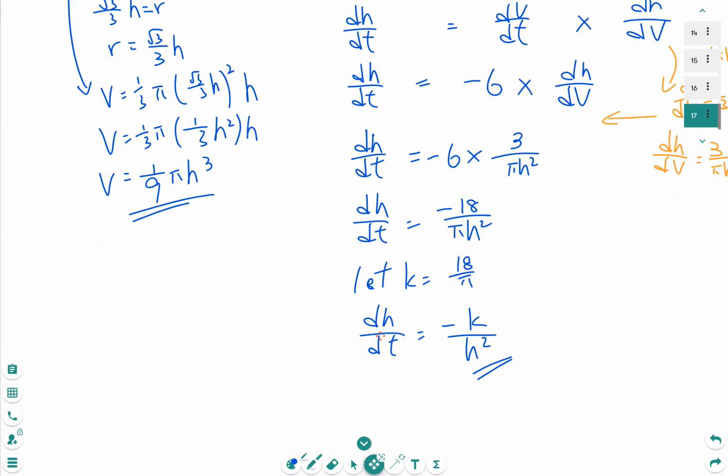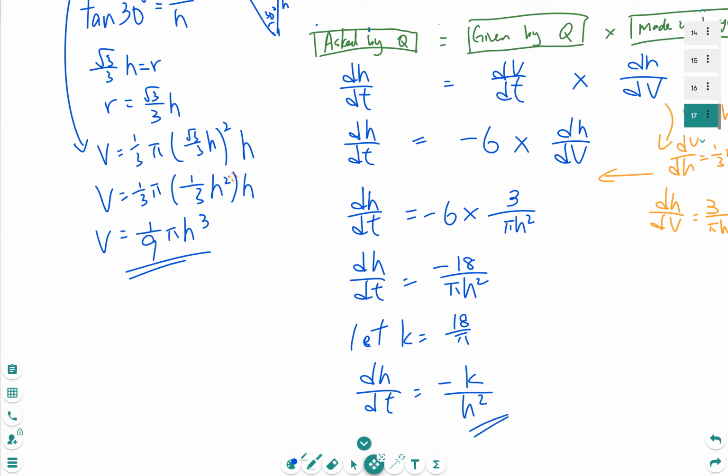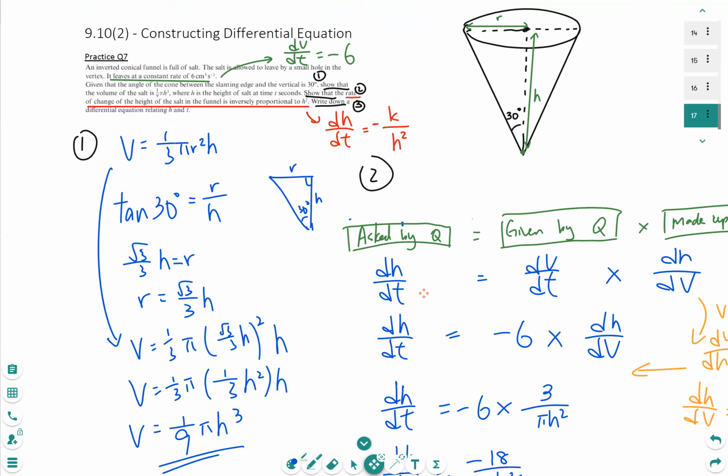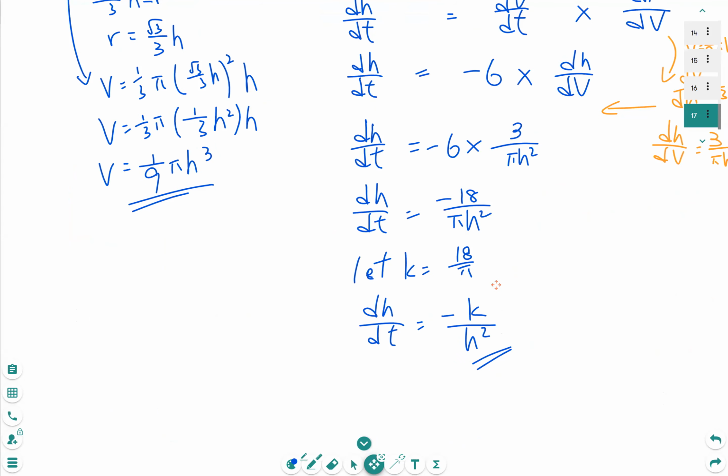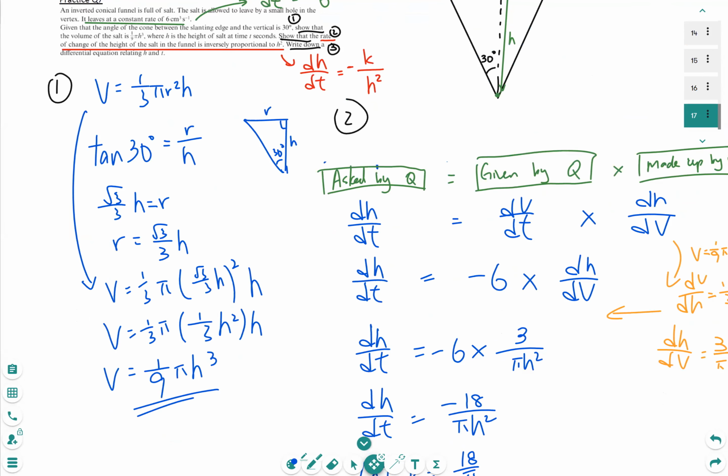Because this equation has a dh over dt, that's called a differential equation. Anything with a differentiation fraction inside the equation is called a differential equation. This is called a differential equation relating h and t. That's done. So this is number 2 and number 3.